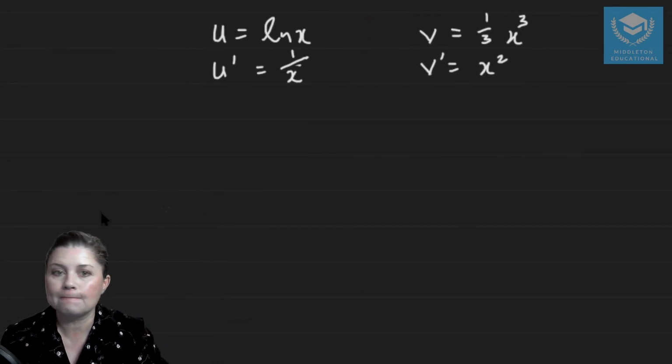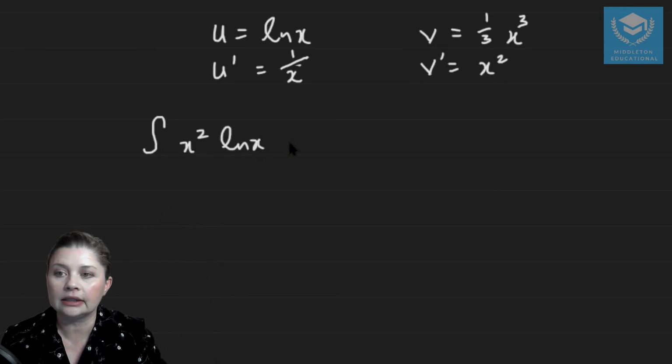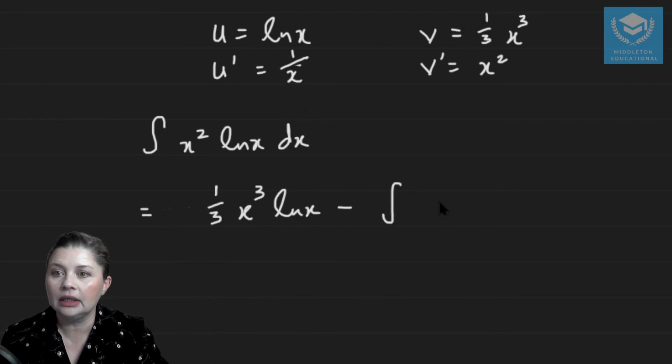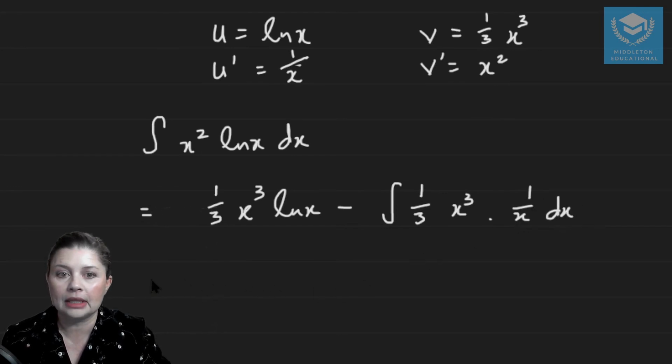So that means that our integral of x squared ln x dx is going to be equal to u times v, so a third x cubed ln x minus the integral of u dash times v. So that is going to be a third x cubed times 1 over x dx. Then let's just simplify.